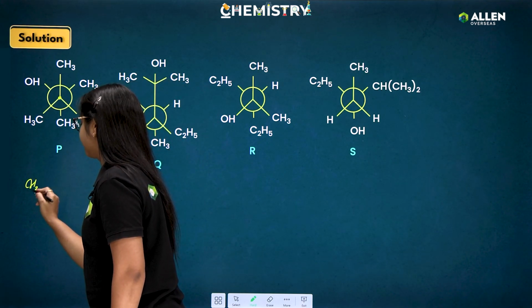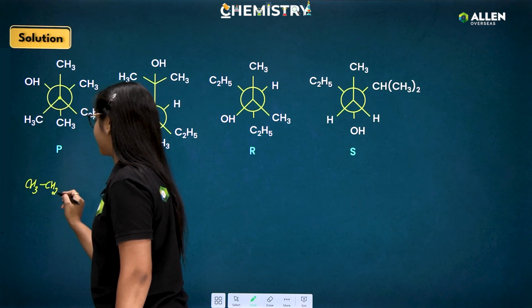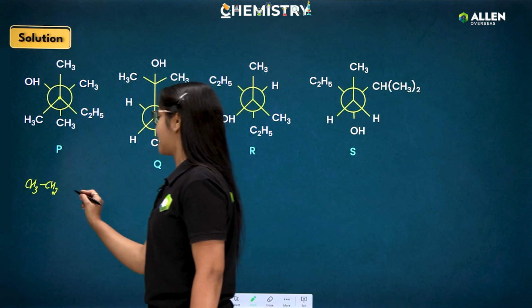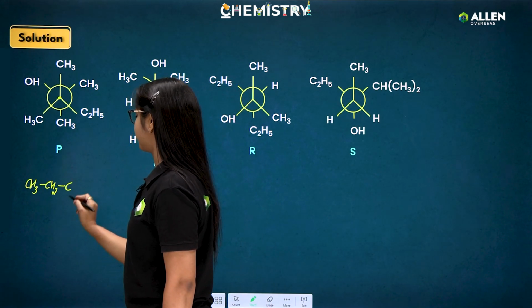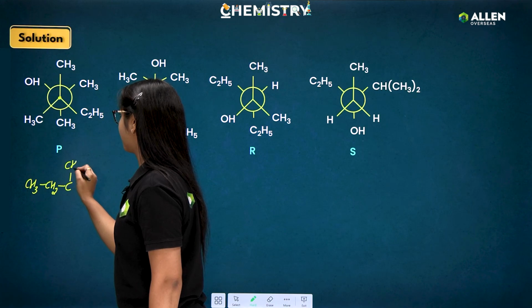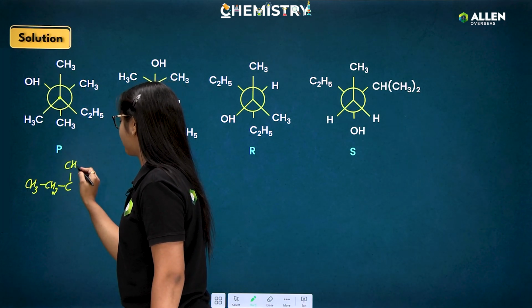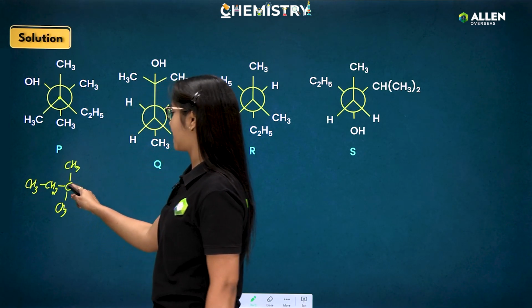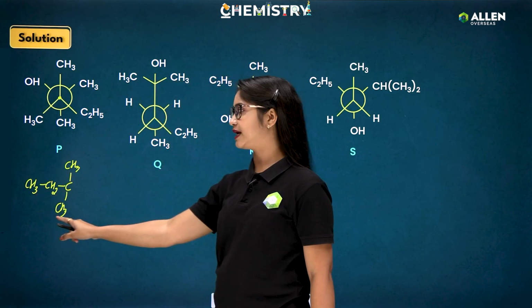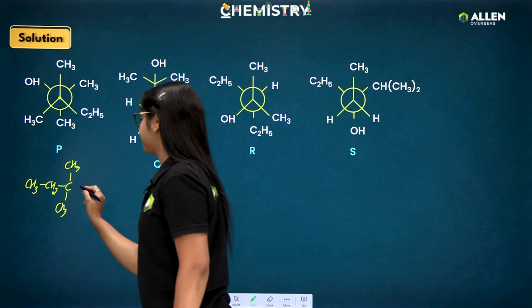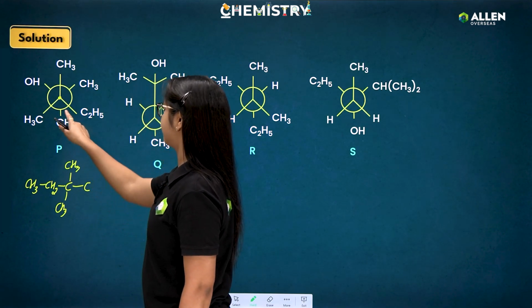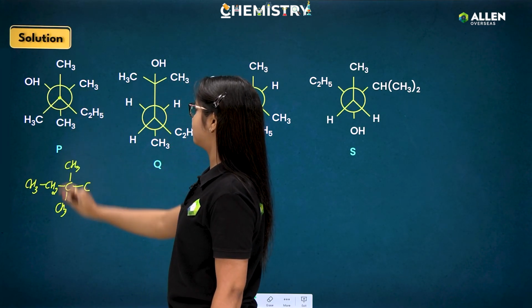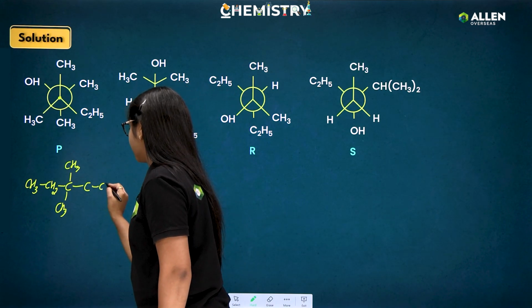I can represent the ethyl in this way, CH3CH2, and this is the front carbon, and on this carbon you have 2 methyl also. So 1 methyl, second methyl, okay. So this is the front carbon having 2 methyl and 1 ethyl, right? Now the back carbon. At the back carbon we have 1 OH and 2 methyls, okay.